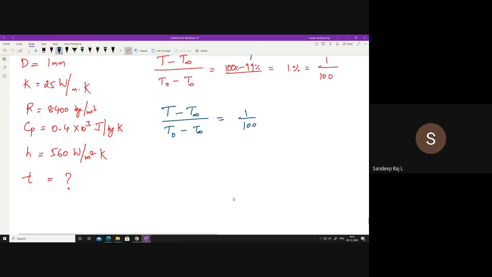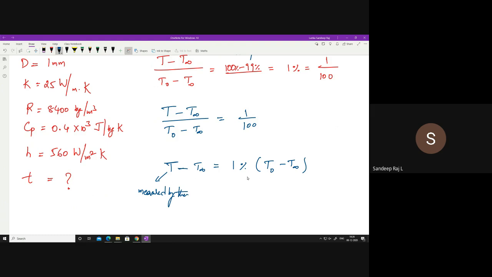So if you look at this, T minus T infinity is equal to 1% of T naught minus T infinity. What is this T minus T infinity? T is the actual temperature being measured by the thermocouple. And the difference between these two is so less that only 1% change is there compared to its initial temperature.